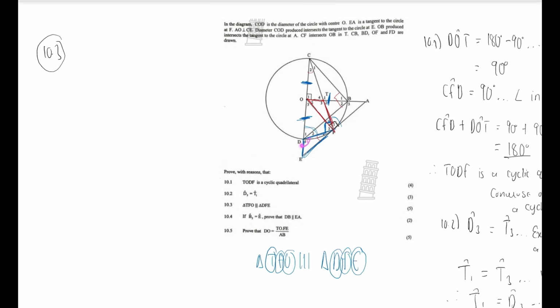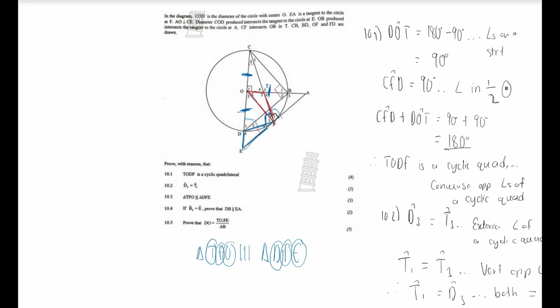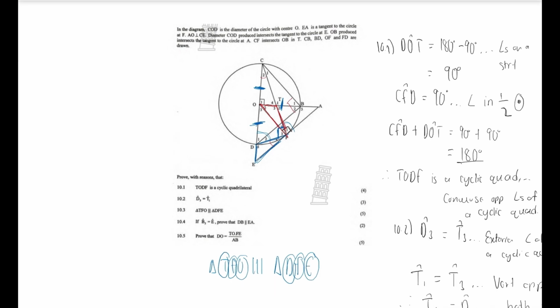That means T3 is supposed to equal D3, and we just proved that in the previous question. We saw that D3 was equal to T3 because of exterior angle of a cyclic quad. Now let's look for the ones which we can use here. Let's check for F and F. The F in TFO is this one, F2. We can prove that F2 equals F4.